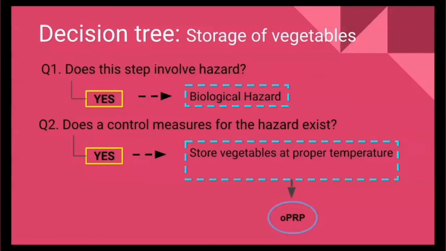If it is not stored at a proper temperature, the bacteria will survive and the vegetables will become not really fresh. And I label this question 2 as OPRP as it is really not CCP and not too critical.